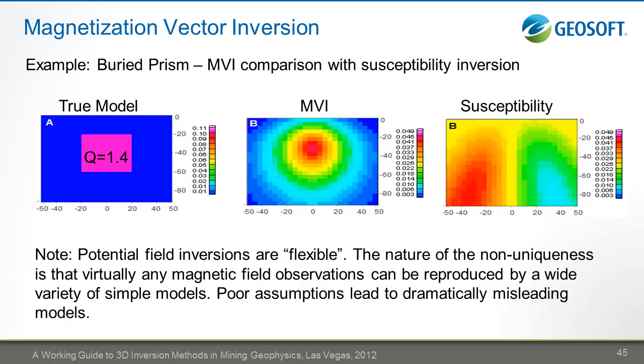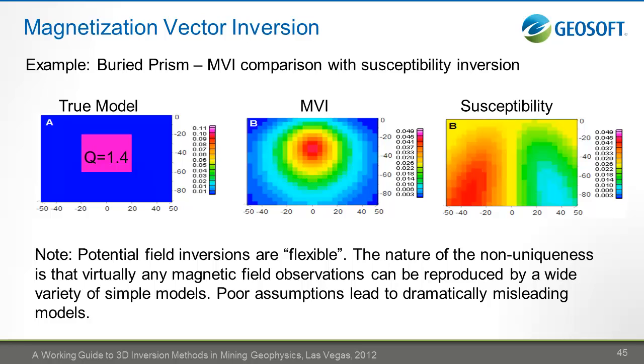And as I'd mentioned before, potential field inversion is flexible in the sense that, because of the non-uniqueness in the inversion process, it's possible to fit a single set of magnetic field observations with a wide variety of simple models.